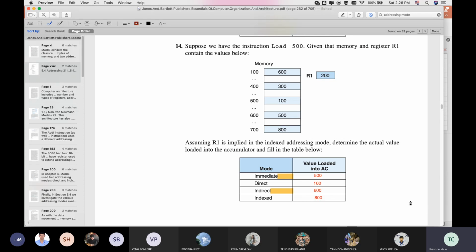Okay, this is just to remind you again about the addressing mode, because it will be useful later when you work on a simulator. You need to understand how addressing mode works. There are more than these 4 addressing modes, but these are the 4 basic ones. So just make sure you understand it, and especially what the addressing mode means. It's important.